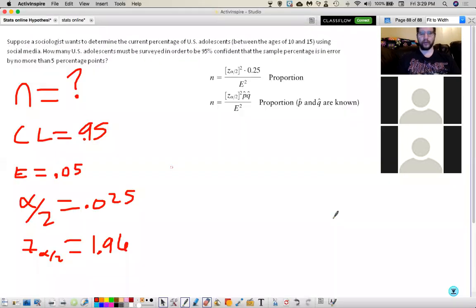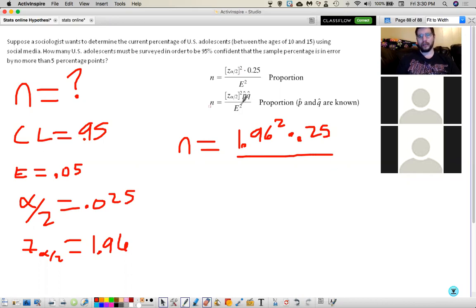Same thing we got on the calculator. So easy enough. It's going to be 1.96 squared, don't forget the square, times 0.25, because we don't know what P hat is, so we just put 0.25 there. Again, you might know what P hat is, so you'd have to use the other formula. And error is 0.05, and don't forget to square it.